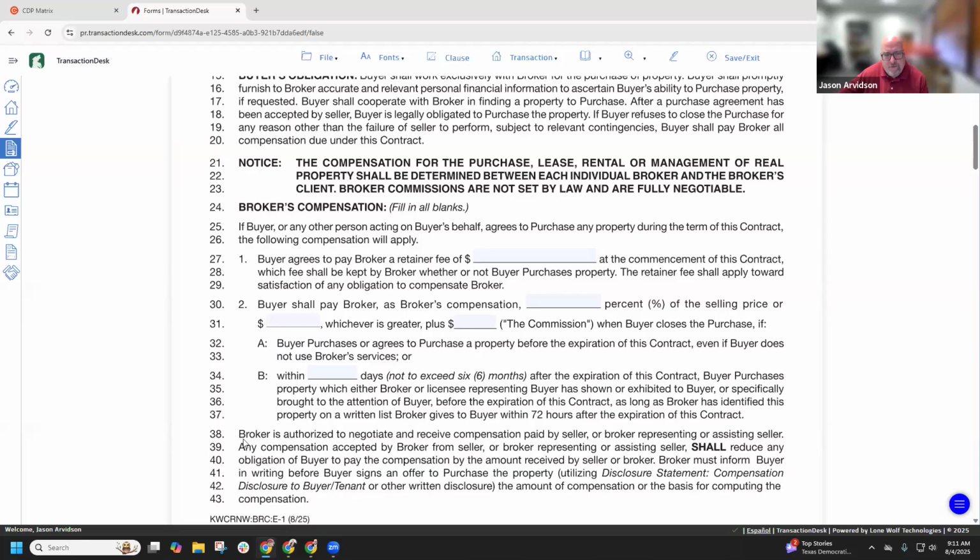Down here in 38 through 40, this used to have a shall and shall not button, and you would click on shall or shall not. The form itself now just makes it clear that if the broker provides compensation, and again, that's broker to broker compensation, and a company who does that, or a group that does that here in the Twin Cities is DeRochers.